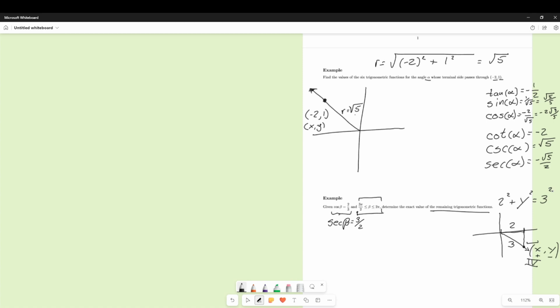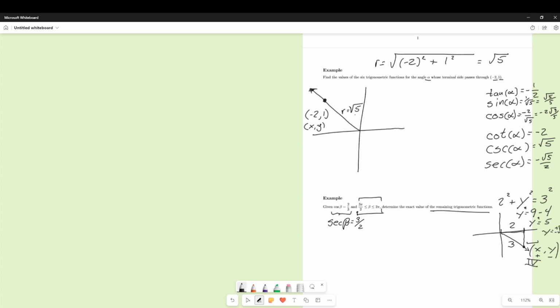Being careful that it's the sum of the legs that equal the hypotenuse squared. So if we solve that, y squared equals 9 minus 4. So y squared equals 5. So, just like before, we get y equals plus or minus the square root of 5.